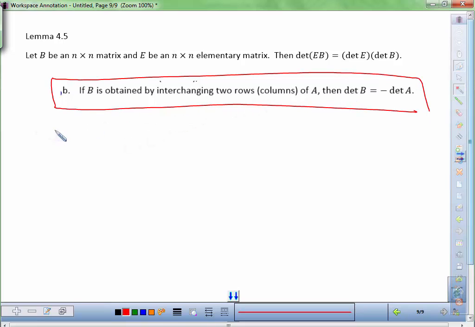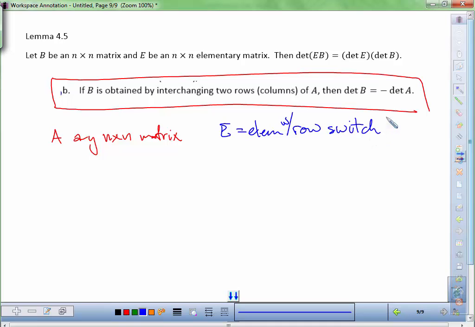So if we have A, a matrix, any n by n matrix, and then we'll let E be an elementary matrix with one row switch.